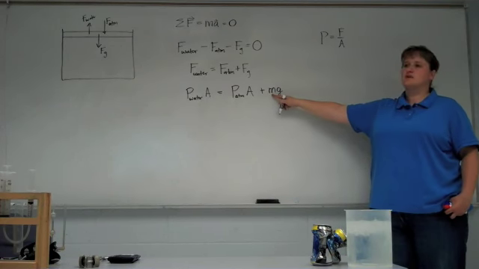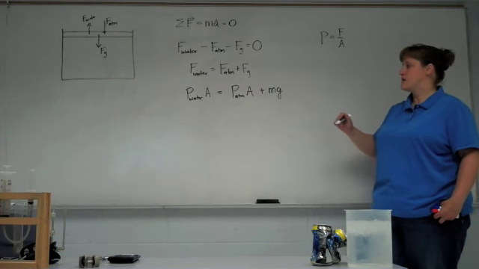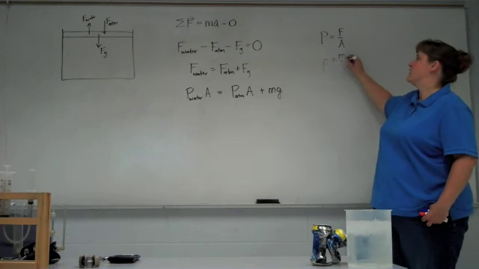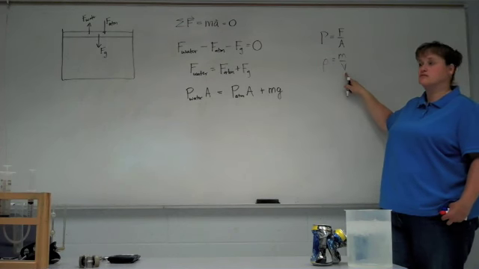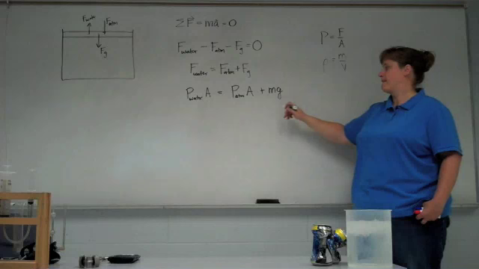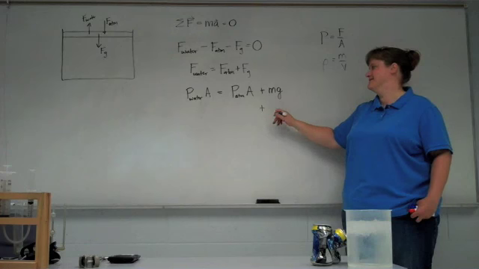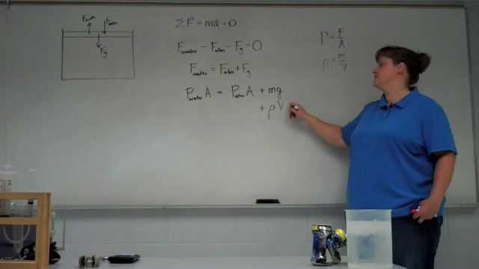What would mass equal in terms of density? So mass would be the density times the volume, right? Yeah, gotta watch the little density versus pressure. So in place of mass, I'm going to put density times volume.